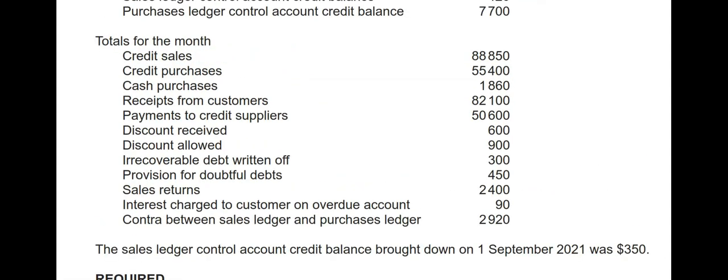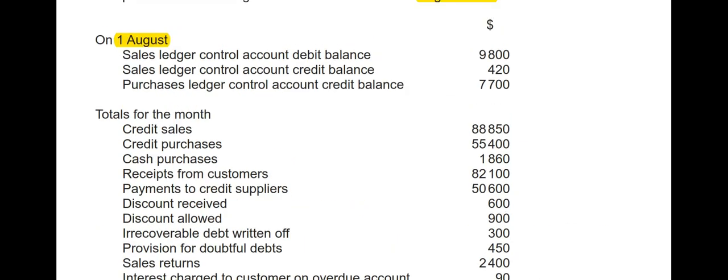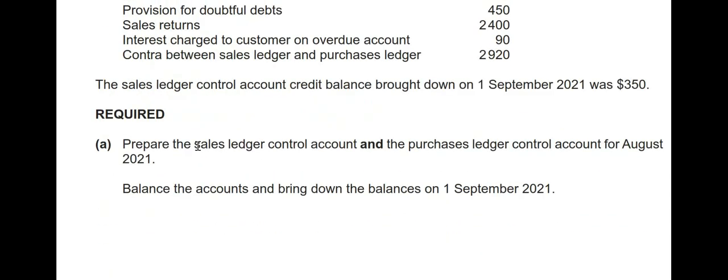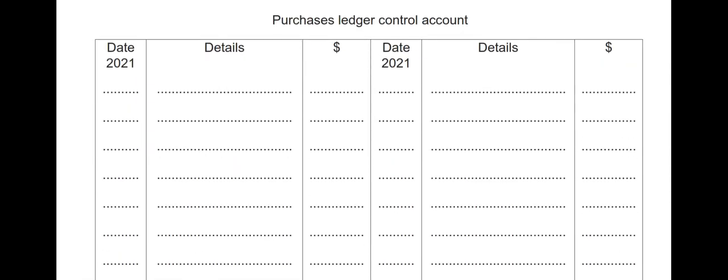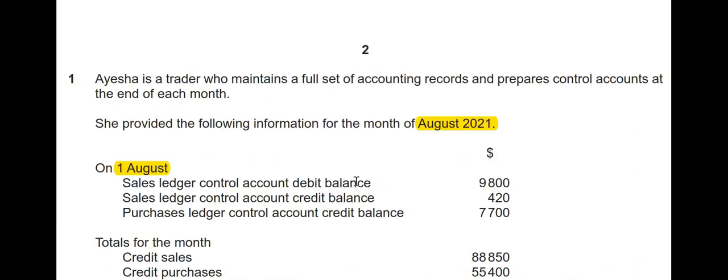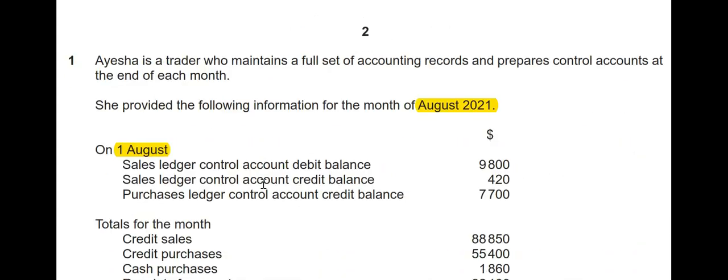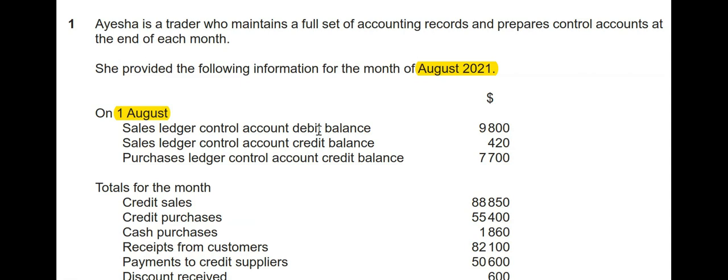Control account is one of the very important topics in our O-level accounting syllabus, and this has been here for quite some time. Always remember that we need to clearly show and bring down the balance that we calculate at the end of the period. In simple words, we have to show the balance CD as balance BD.